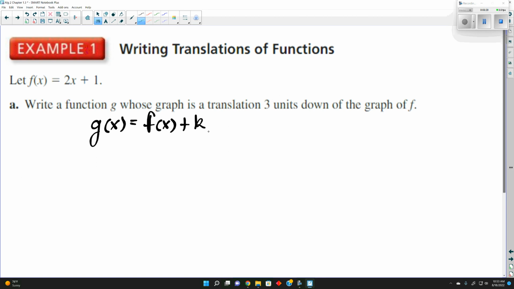Now, how far are we moving it up or down? 3. So k is going to have a value of 3, but would it be positive or negative? We're moving down, so it's going to be minus 3.